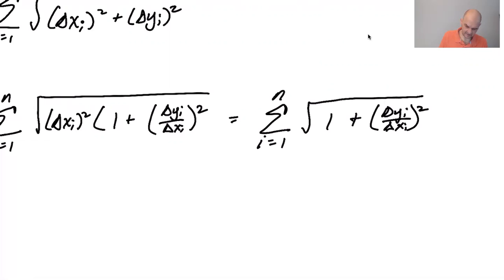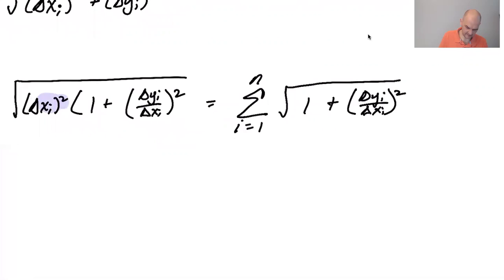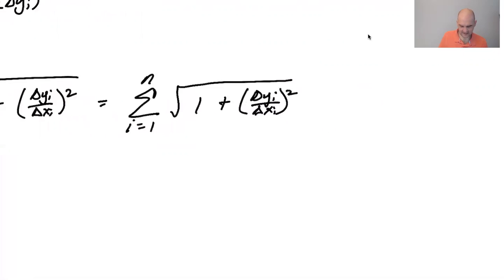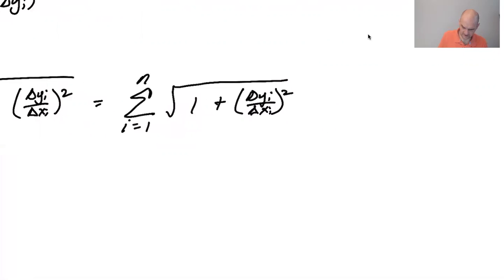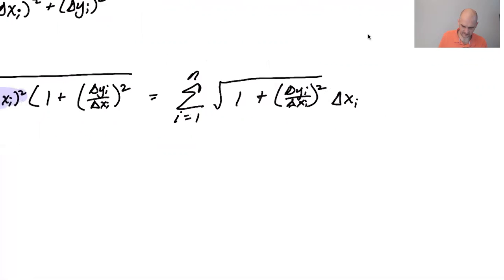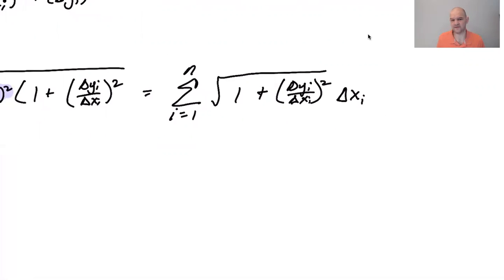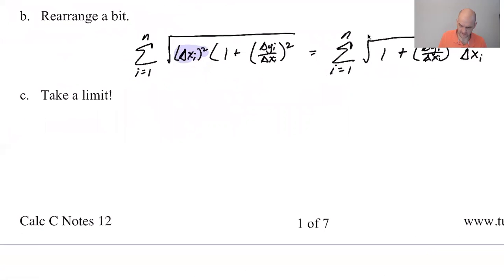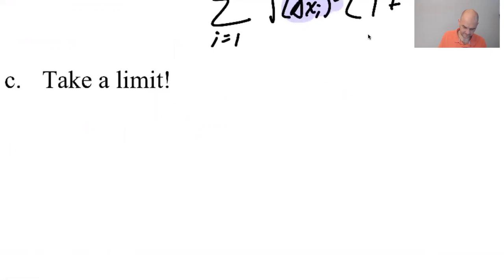Okay, we're taking this out, right? Square root of that. Technically the absolute value, but we're just going to choose it so it's positive. So we'll just say delta x sub i. Now all the delta x's are the same. So the fact that we're using sub i is nice of us, but we don't really need to.